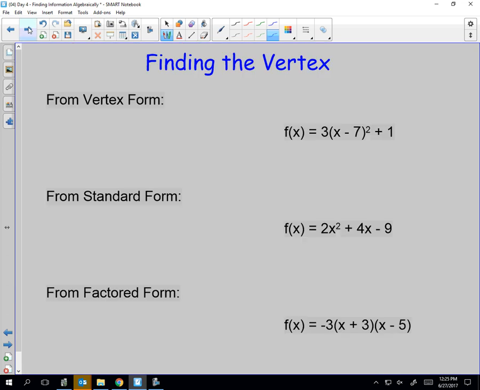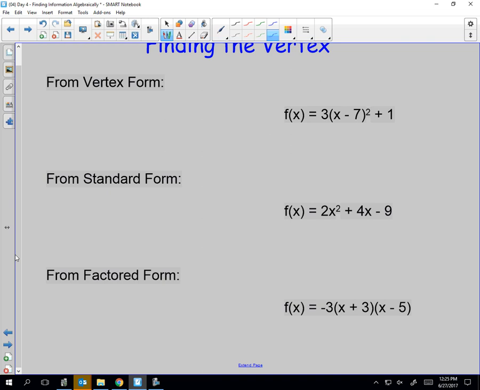Now, a couple other pieces that we have. How can we find the vertex? Okay, axis of symmetry is one critical value. Vertex is another critical value. The vertex really helps us with the range of a function. So when we're talking about domain and range, the good news is since these are all parabolas, the domain is always negative infinity, positive infinity.